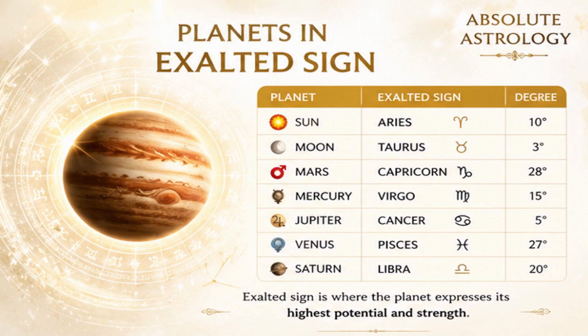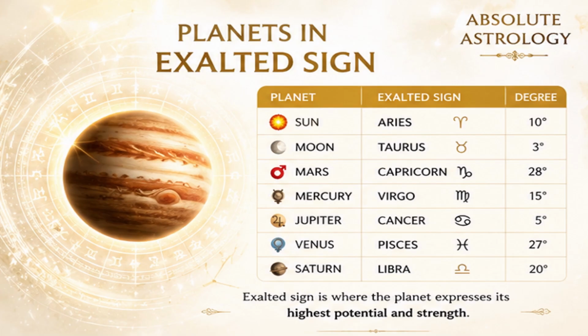It's very powerful, because when the Sun is at 10 degrees in Aries, the Sun is very powerful there. So it's very clear that the Sun is in a deep form of exaltation and will give very favorable results to the native. In the same way, the Moon is there in Taurus, and if it is aspecting any of these debilitated planets, then obviously the Moon's aspect to that planet will fill it with more positive results.